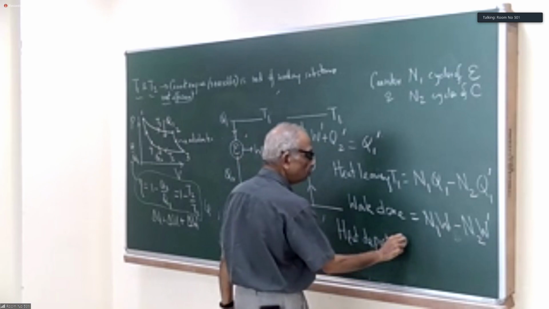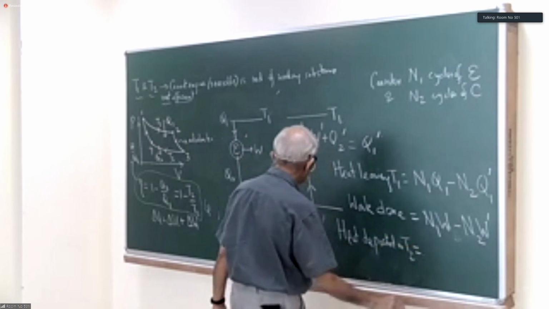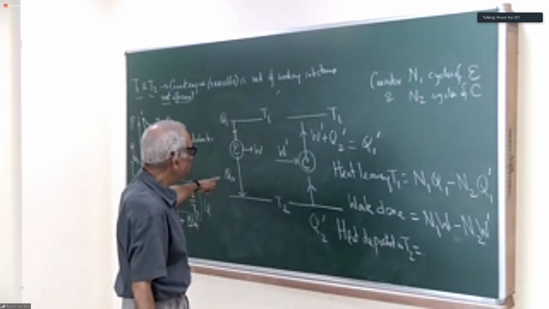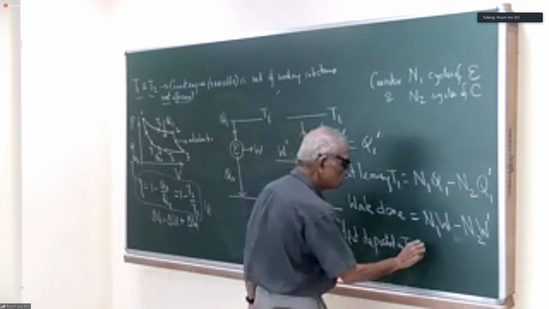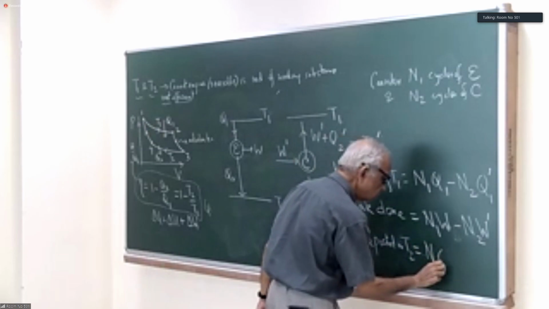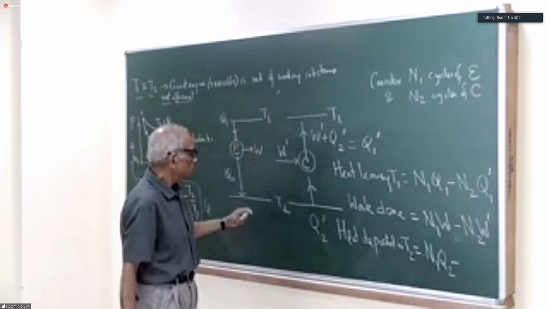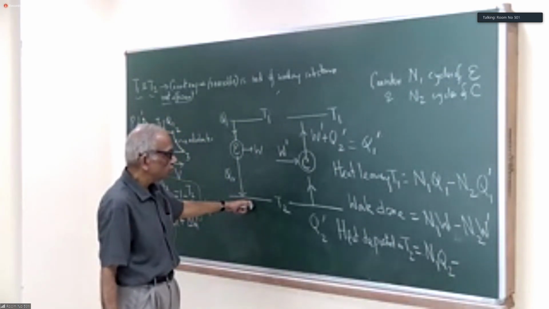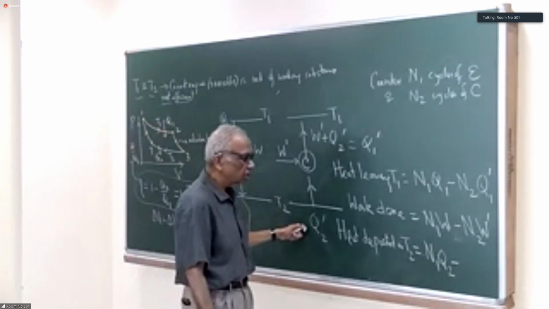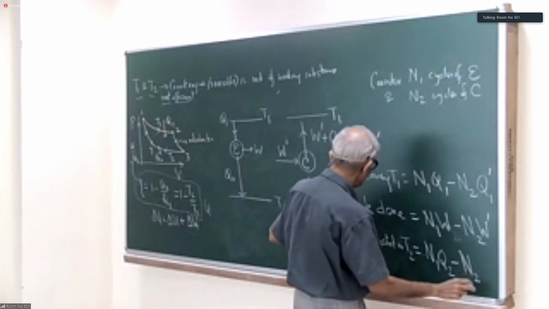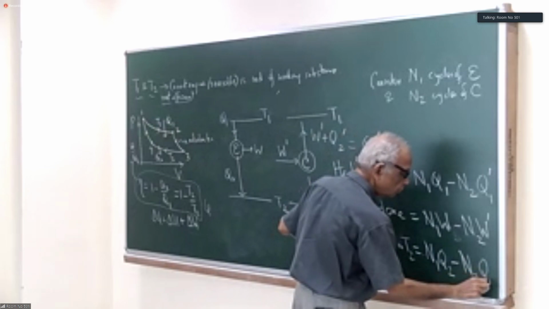The heat deposited in T2 is N1 Q2, and what I have taken out is N2 Q2 prime.